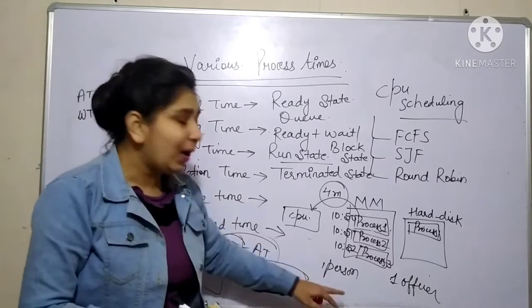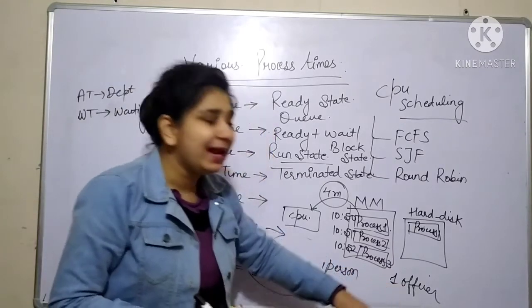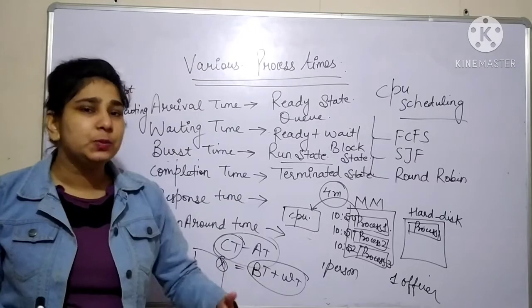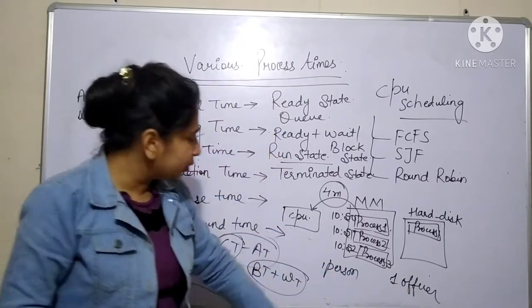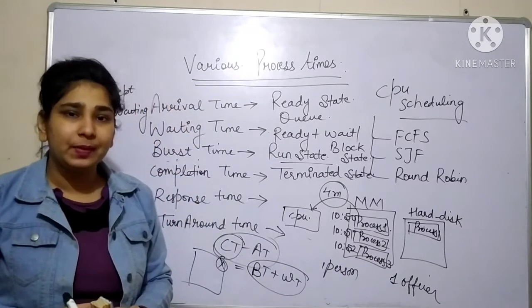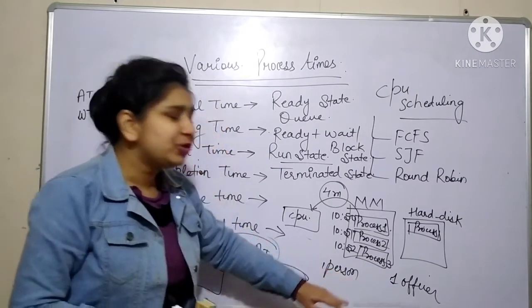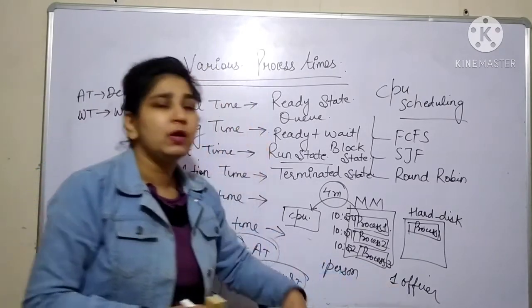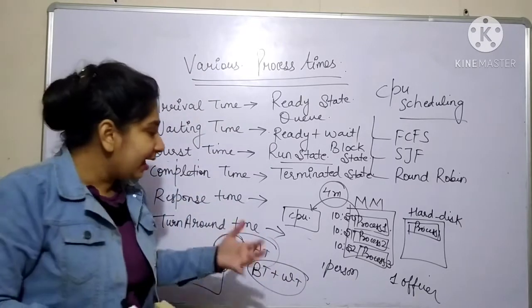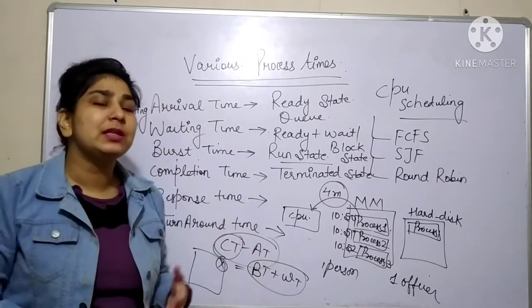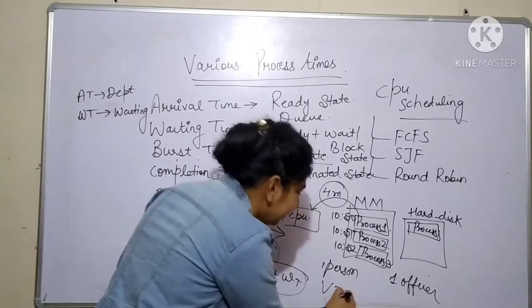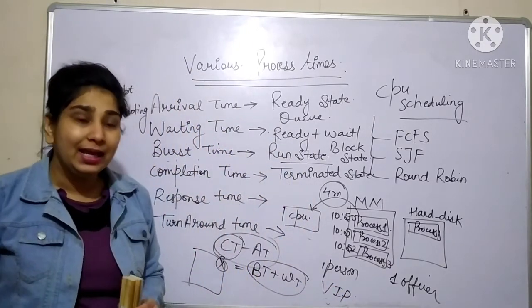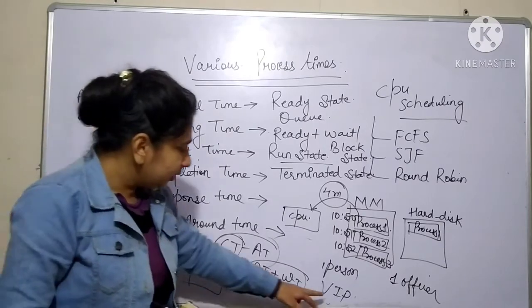Next, what happens? This officer has completed his work. Now this person is meeting the officer. He talks to him for some time, and let's suppose another VIP comes to meet this officer. Then what would happen?